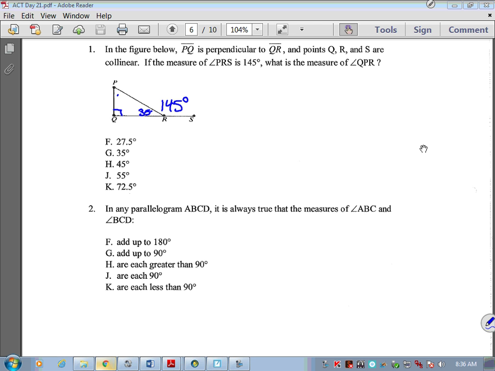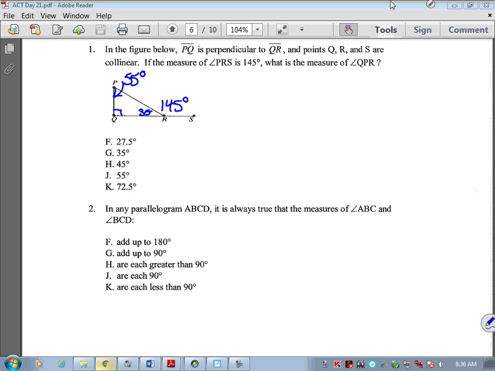I've got 90 and 35, so that's 125 spoken for. So I could take 180 minus 125 and get the remaining 55 degrees. Okay. Does that work for you? All right. What about 2?